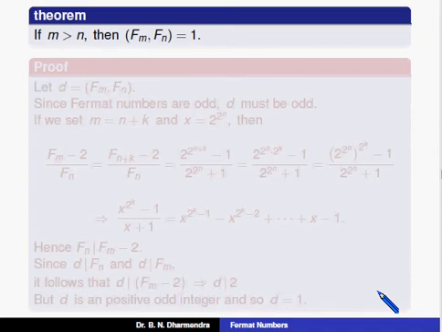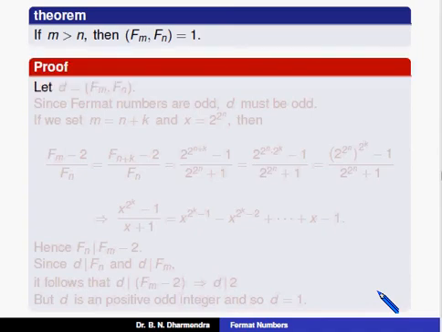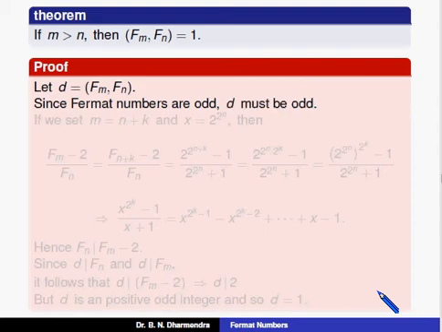Using the same way, you can prove this mathematically. Suppose they have a common divisor, that is, the GCD of Fm and Fn is d. Since Fermat numbers are odd, the divisor must also be odd.